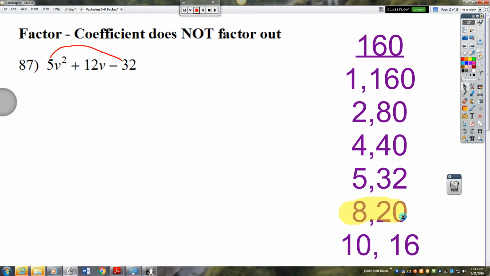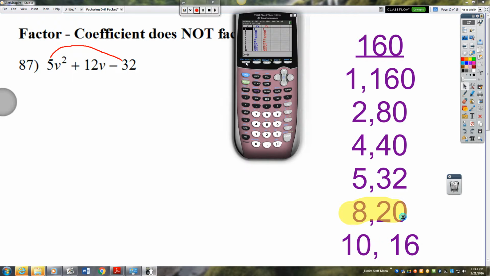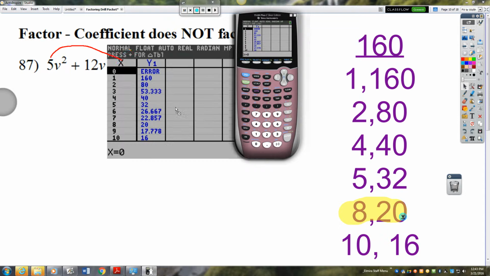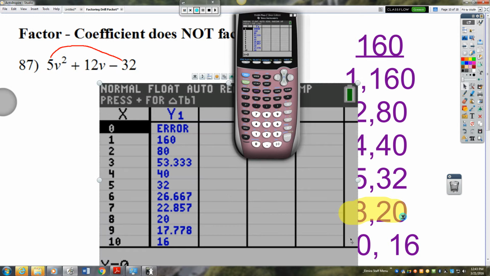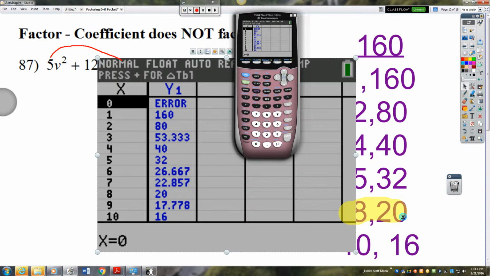And again, we've got a calculator hack for that. Clear, clear. We put in the 160 in my y equals, divided by x. Again, look at your table. And when I pull this out, any rows that are whole numbers in the y column are factors.